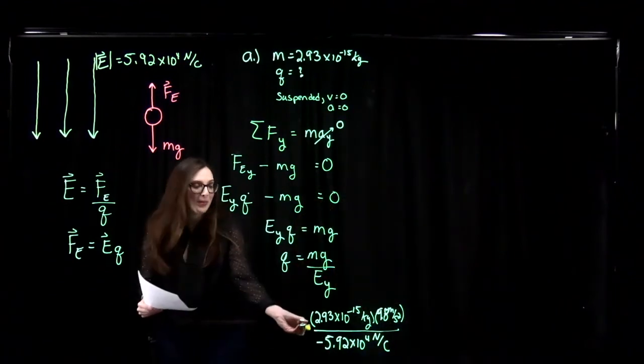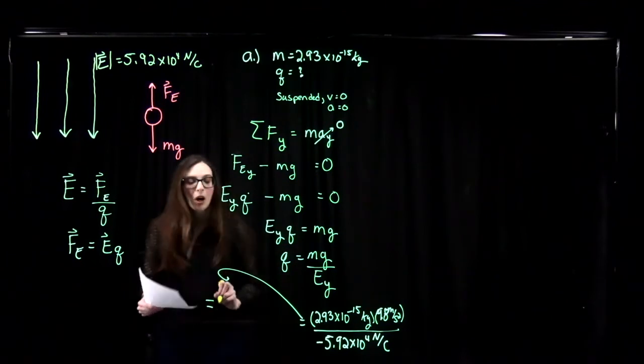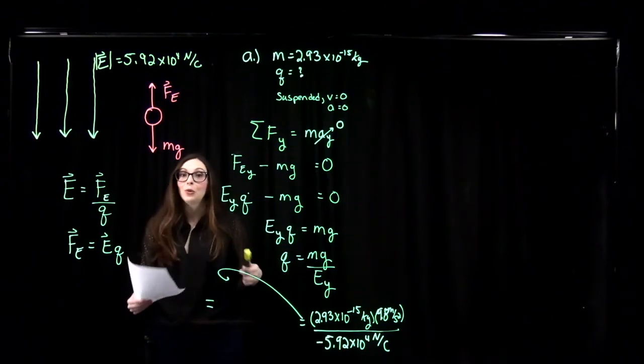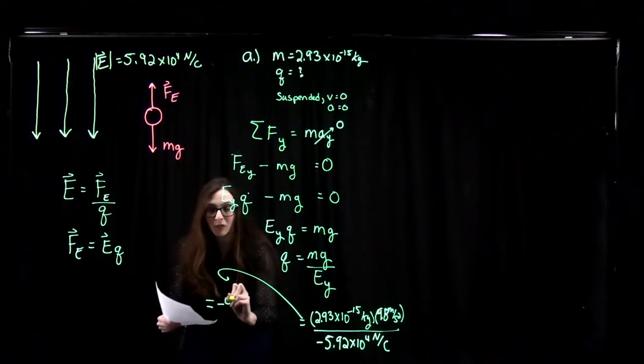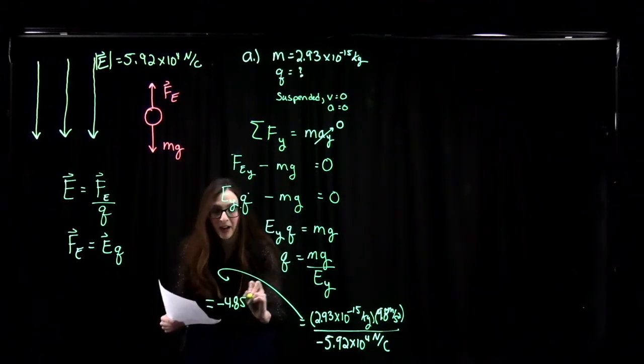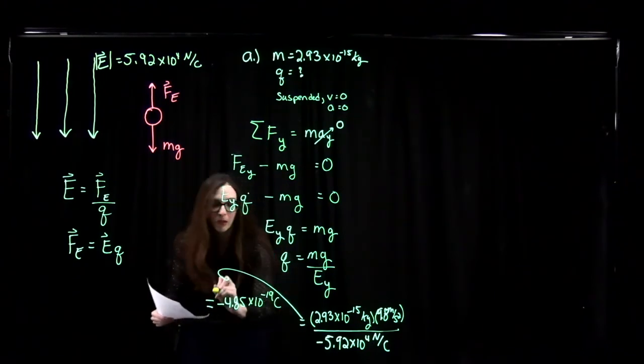We're running out of room here, so I find that the charge on my mass, in order for it to be suspended against gravity, is going to be minus 4.85 times 10 to the minus 19 coulombs.